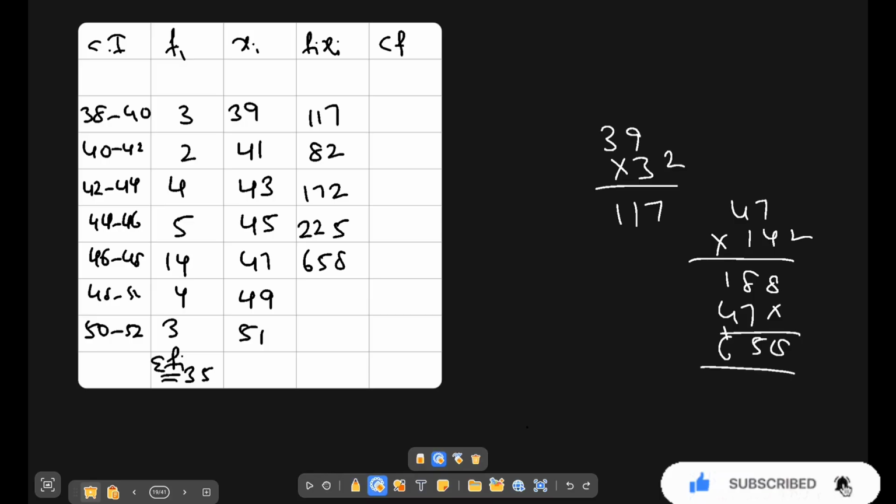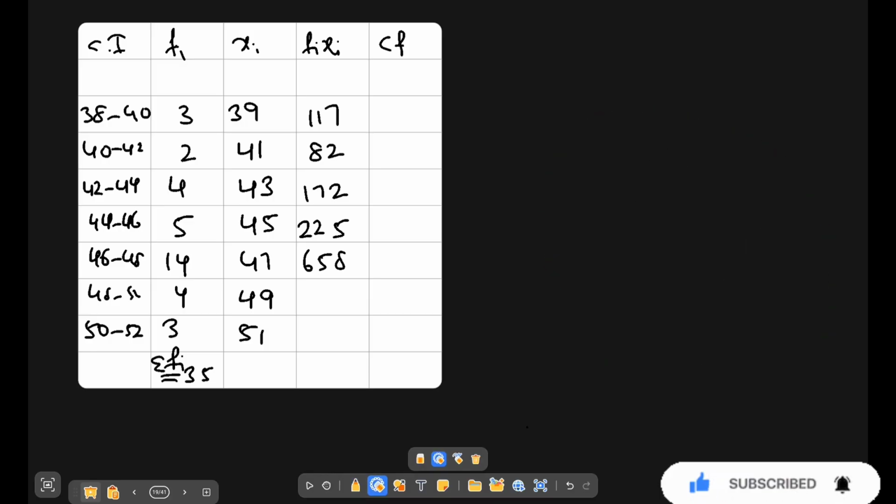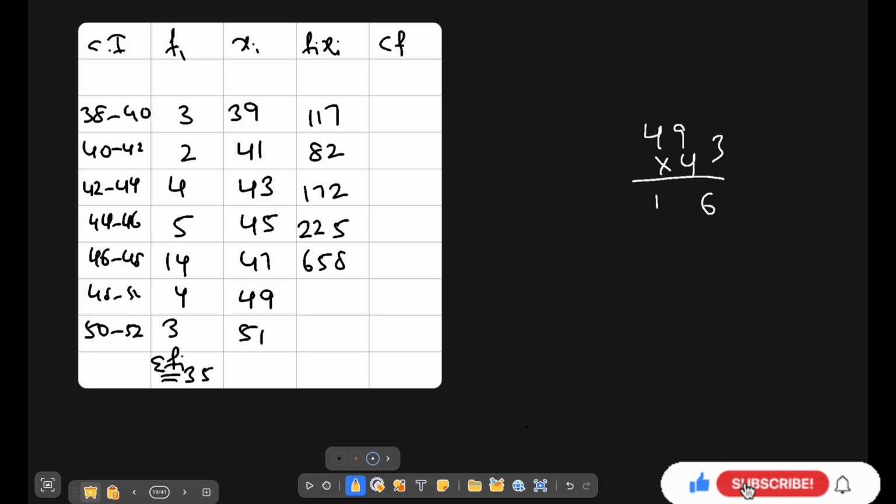Next, 49 into 4, 196. So 196. 3 into 51, 3, 15, 153.